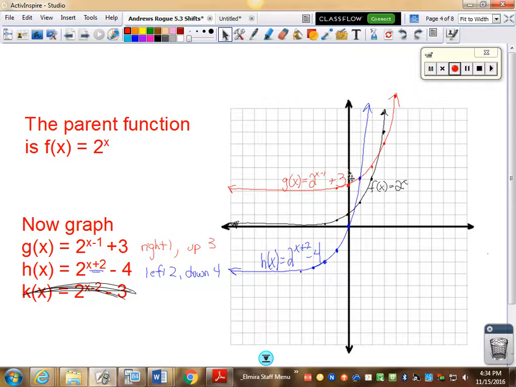So for example, on my red function, adding 3 moved the function up 3, but it also changed my asymptote to y equals 3, the same as the number being added. And my blue function, moving the function down 4 means that the asymptote is now at y equals -4.